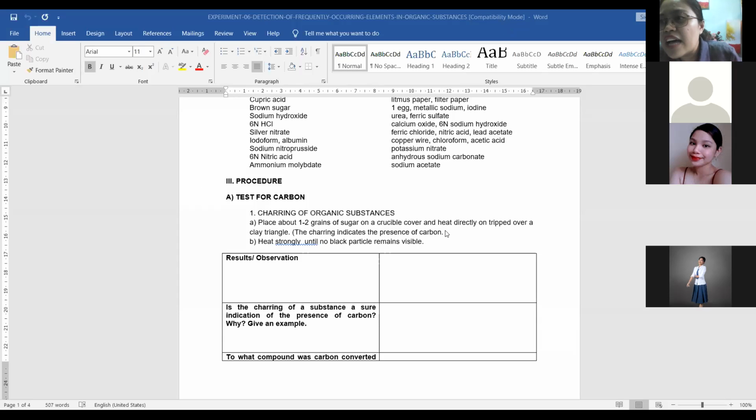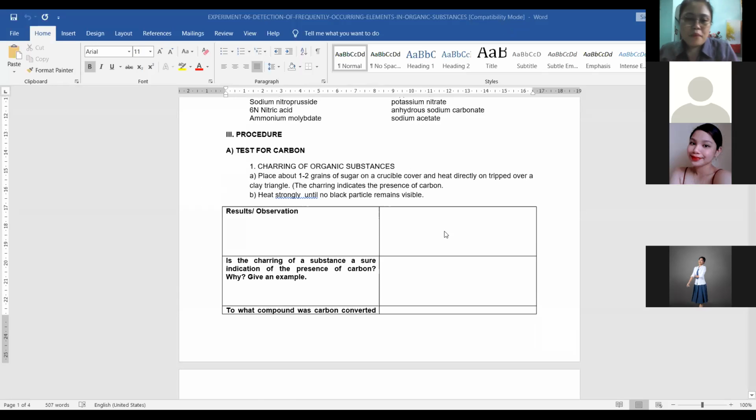But take note, class, that it is not only organic compounds that char. There are also inorganic substances that form char, but very limited. Most of the substances that char are those with carbon.